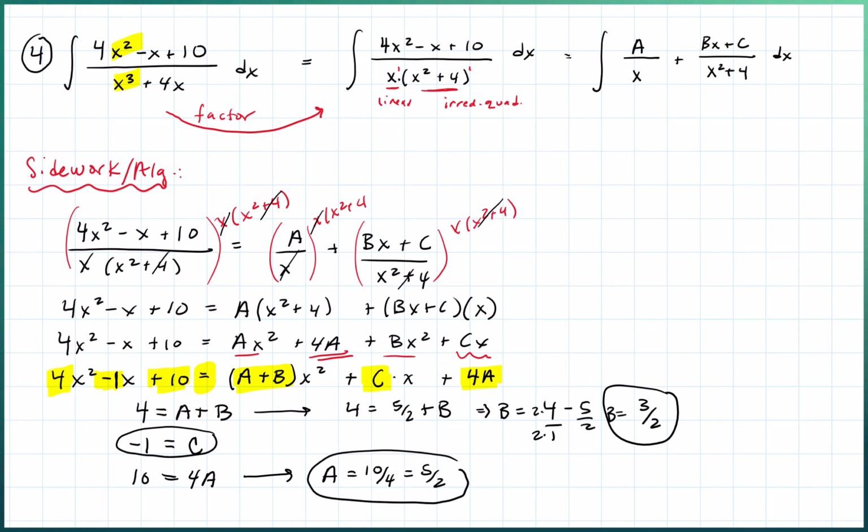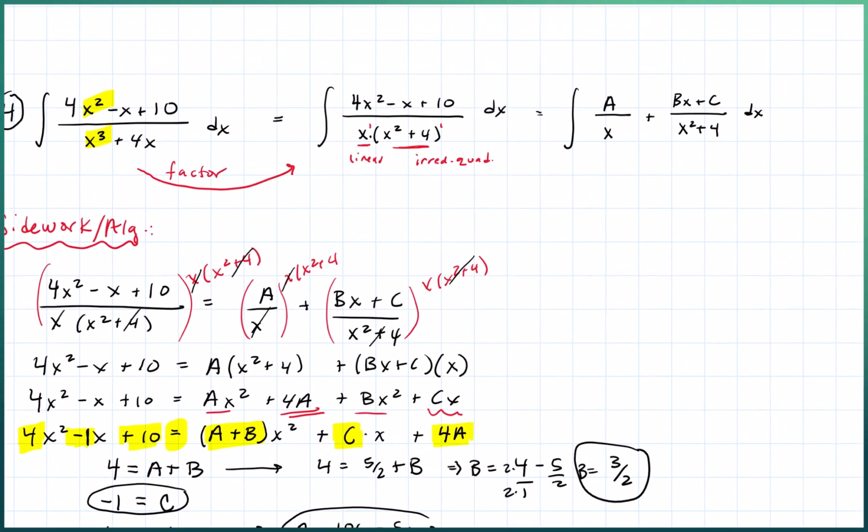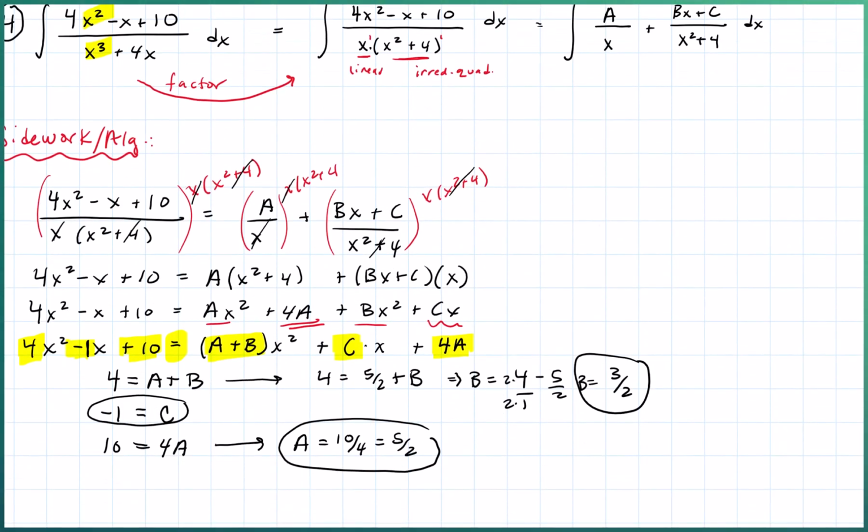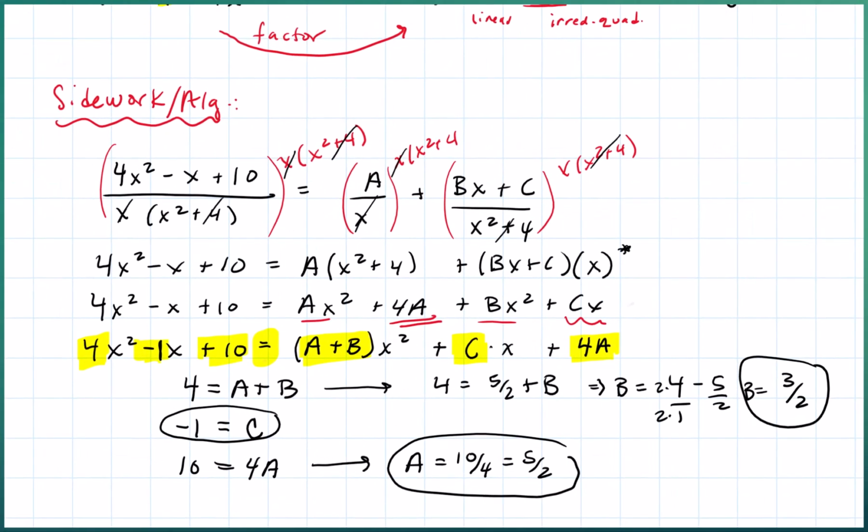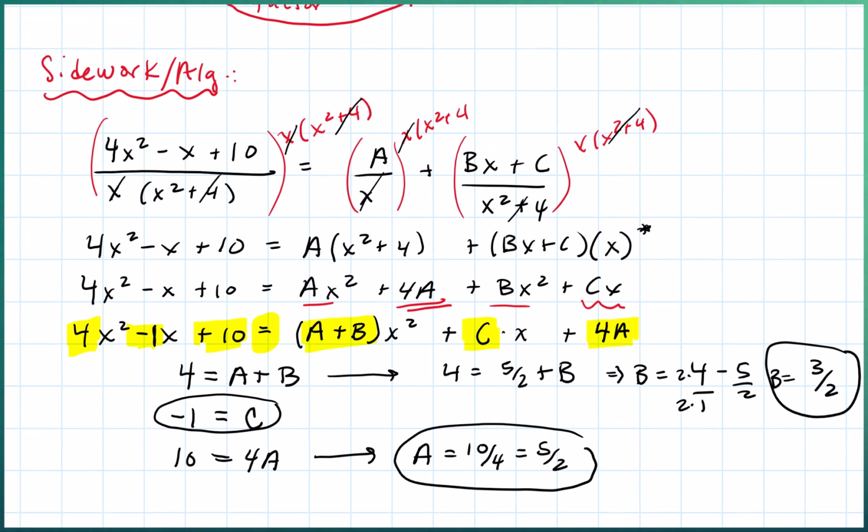I'm not going to go through the other way, the strategic picking of x values. You know what I will talk about real quick on this one? If we bring our eye to this line right here, with the strategic picking of x values, we could easily pick x equals 0, and then we could use that to solve for a. But what would we pick here to zero this factor out?